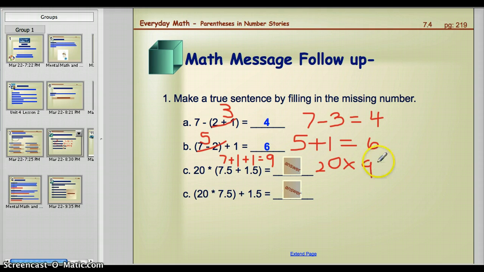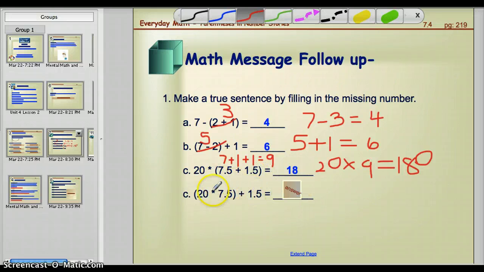And that should give me an answer of 180. Ooh, okay, check it. Or 18. Maybe I need some work on my decimal practice. I'm new to 5th grade.